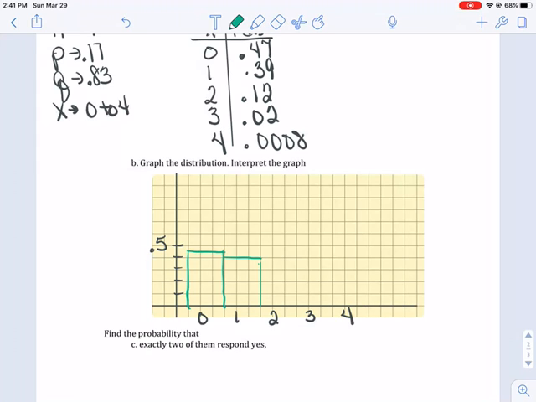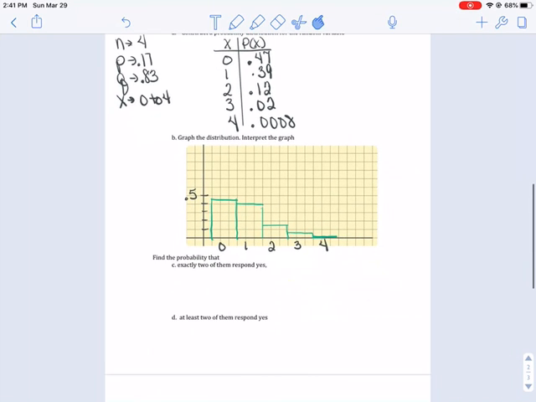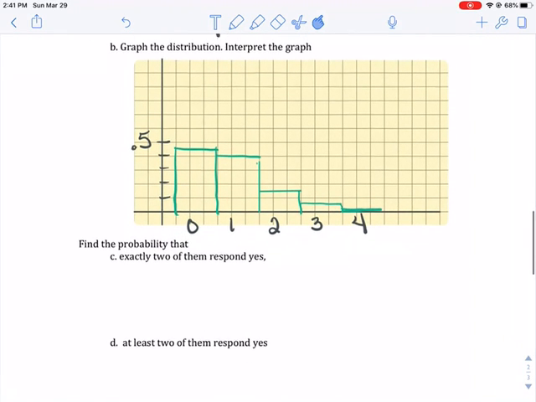Okay, 0.12. 0.02. Oof. And this is like right on top of the axis. There we go. So in this case, our binomial decreased. It's definitely skewed right.